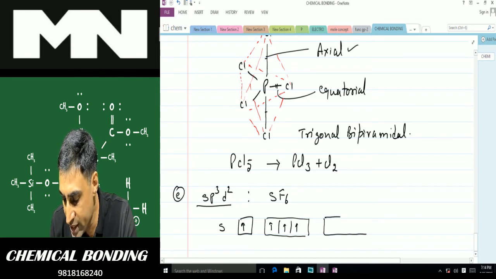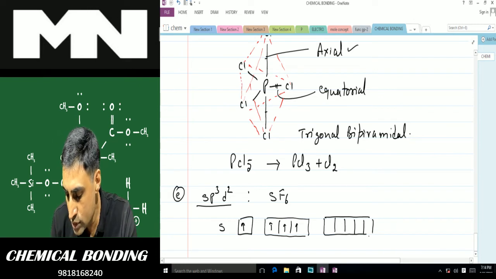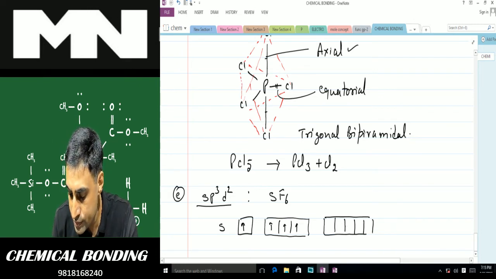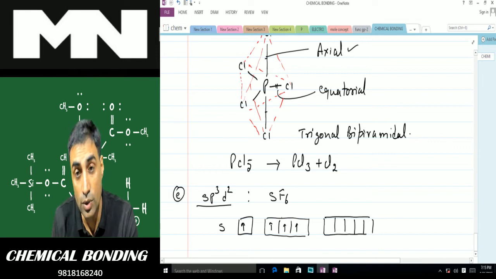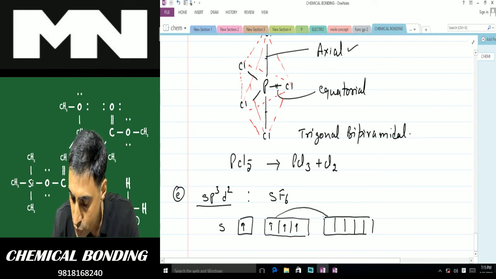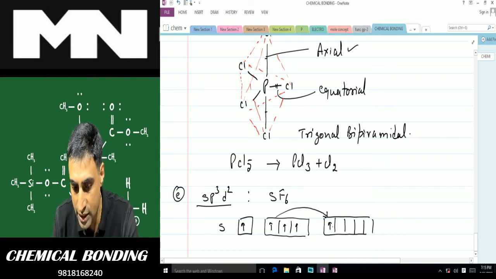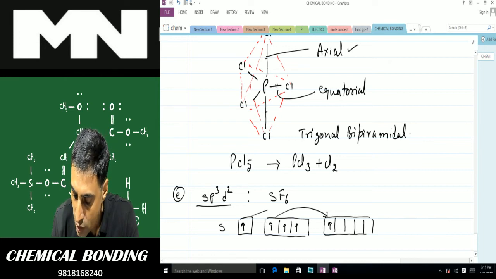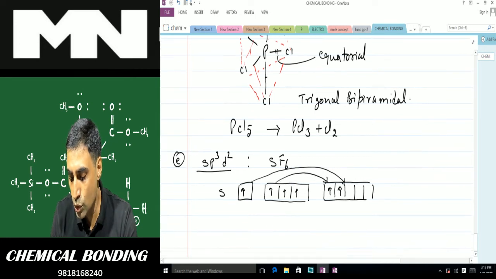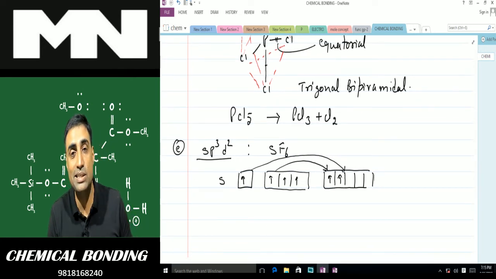It has a vacant D subshell also. So this is the vacant D subshell. One of the electrons from the P will jump to D, so you'll have one unpaired electron. One of the S electrons will also jump to D, so you'll have another unpaired electron. So the total number of unpaired electrons is 6.